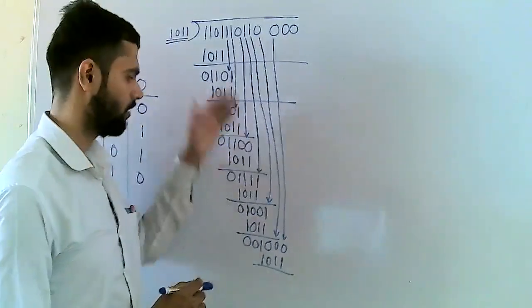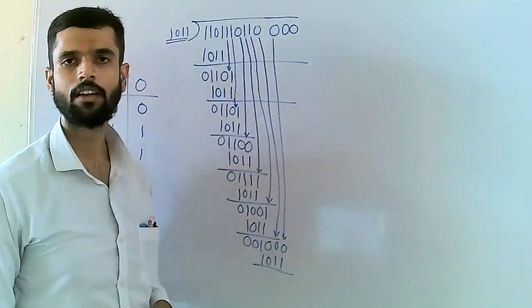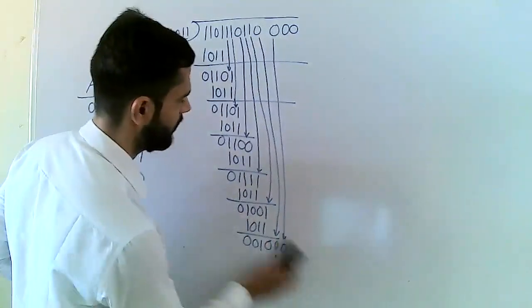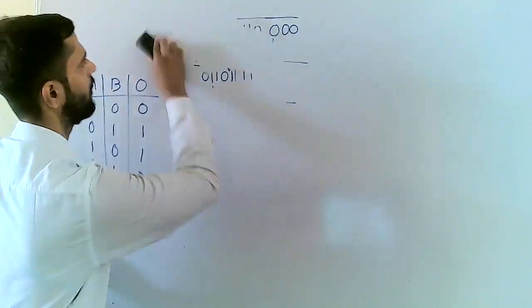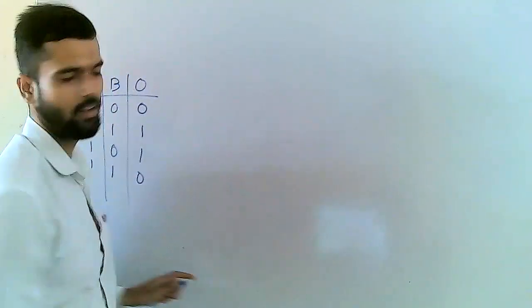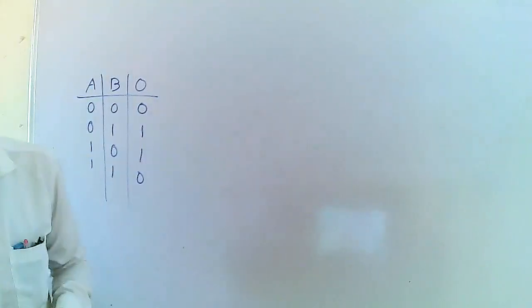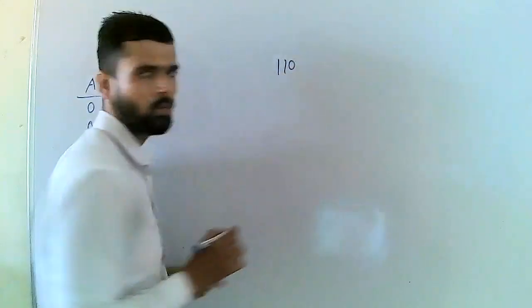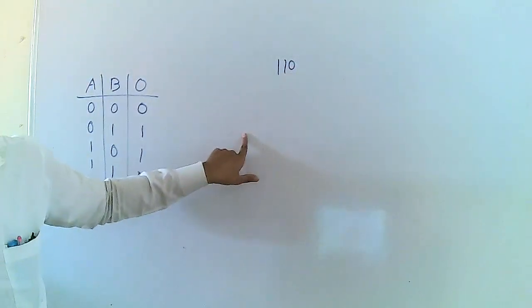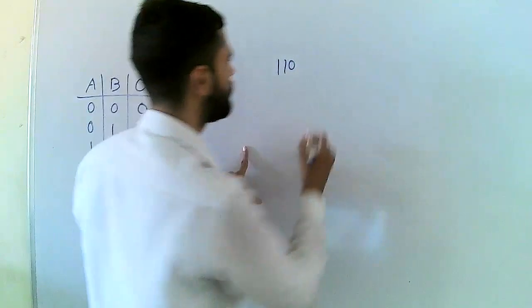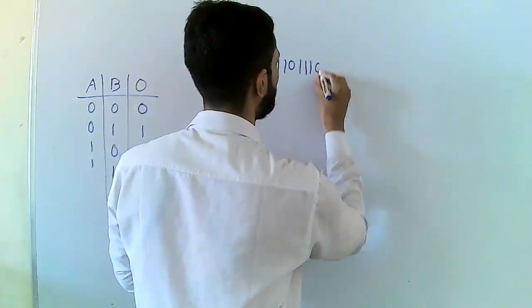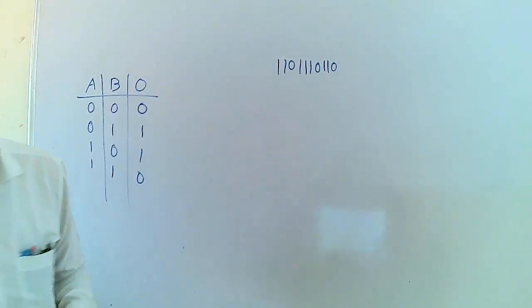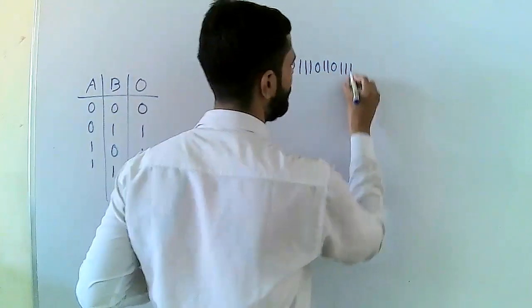So if we solve further, then we'll get the final value as 1 1 0, then 1 1 1 0 1 1 0 1 1 0 1 1 0 and 1 1 1.